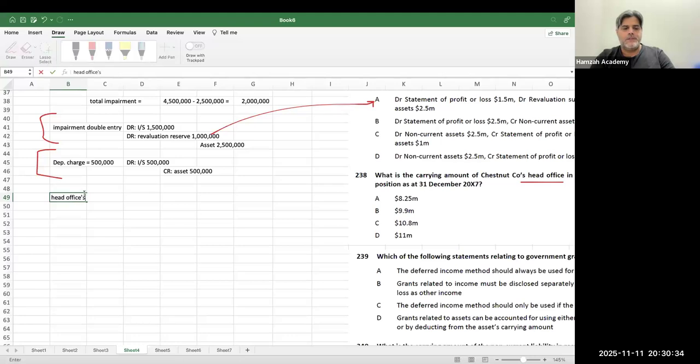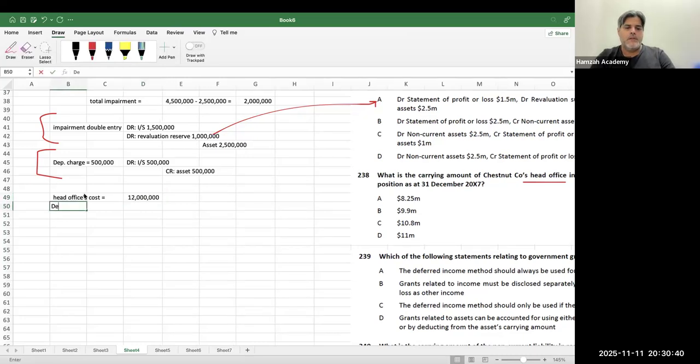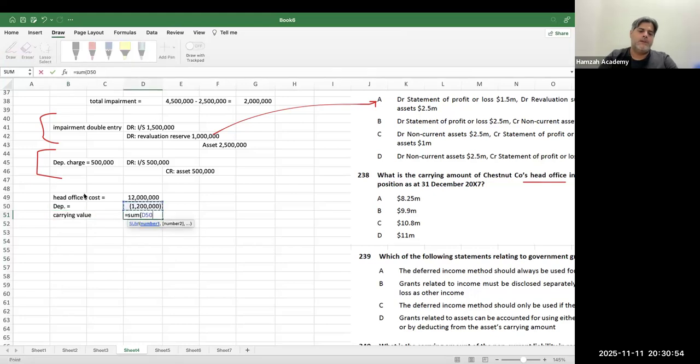Head office's cost is 12 million. Depreciation is 12 million by 40 into 4 years, 1.2 million. So we are going to have the carrying value at 10.8 million, right? So this is going to be 10.8 million over here. Done.